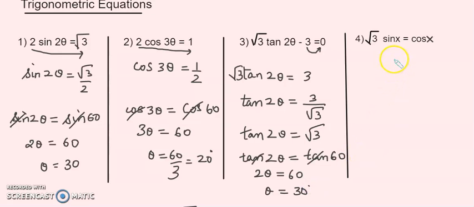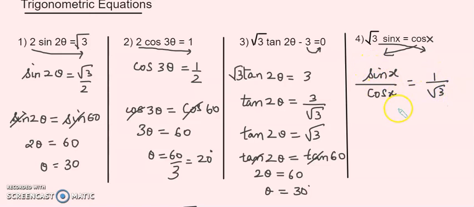Now in the next one, if you see, there's no theta or any value given. So I'm going to shift the cos x to the left side and the root 3 to the right side, like a cross multiplication. So it will be sin x divided by cos x, and the root 3 is going to the other side, so it's 1 upon root 3, because root 3 is multiplied, so when it goes to the other side it will be divided by root 3.